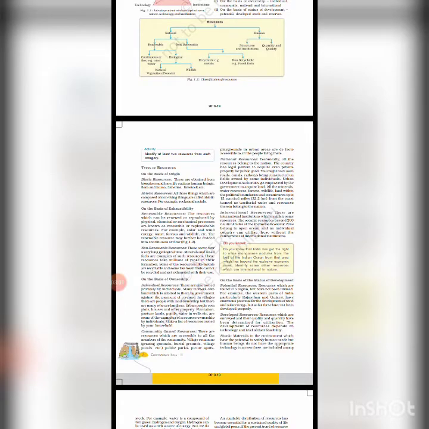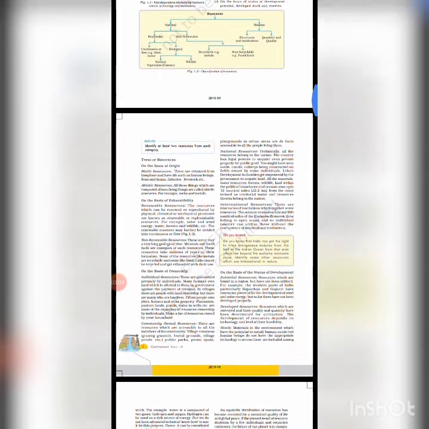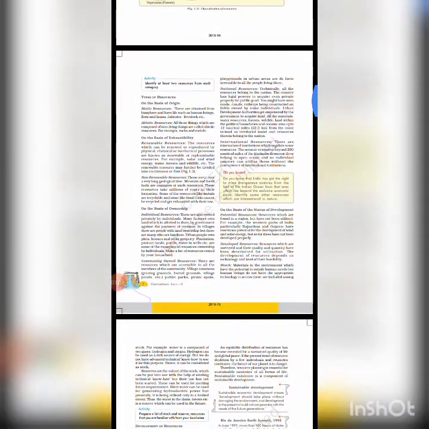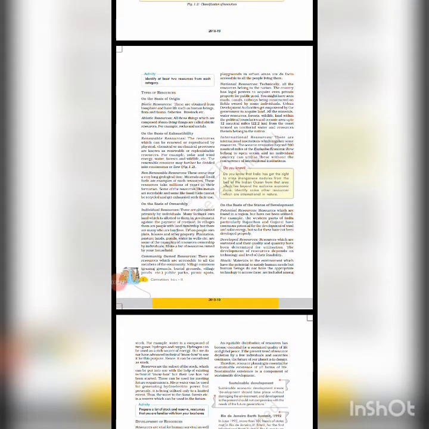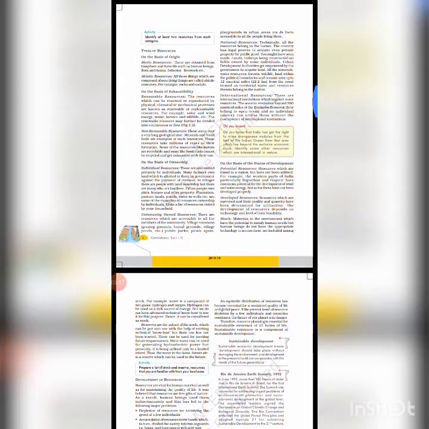For example, human beings, flora and fauna, fisheries, livestock, etc. Abiotic resources are those resources which are composed of non-living things. For example, rocks and metals.